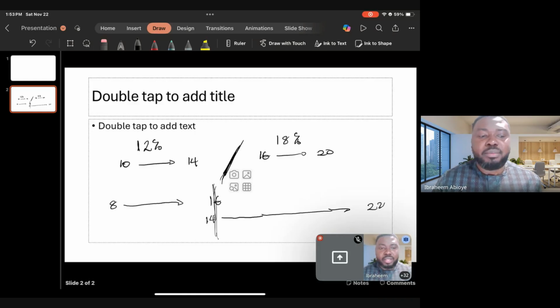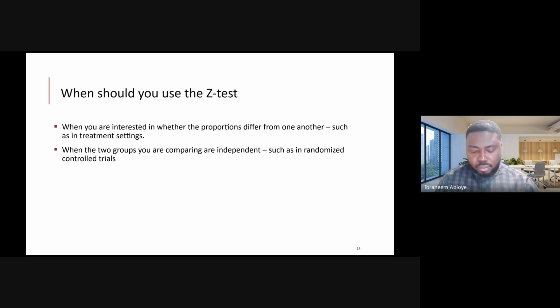Okay, so long discussion that we had. I'm going to go back to sharing this screen. The key takeaway really is, when should you use the z-test?